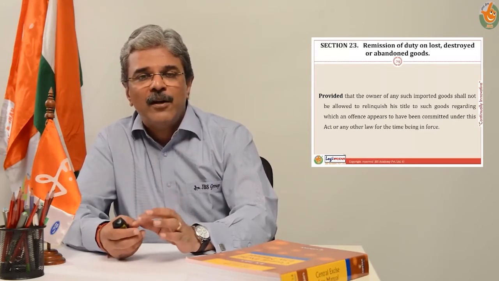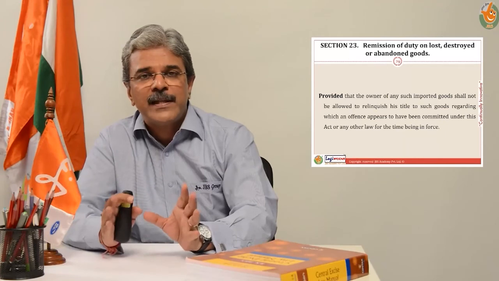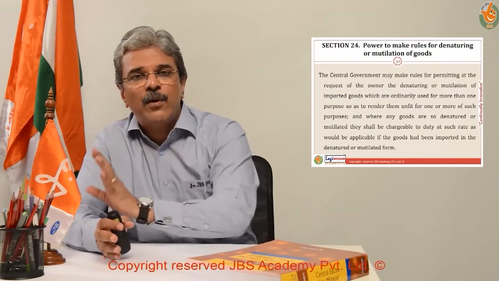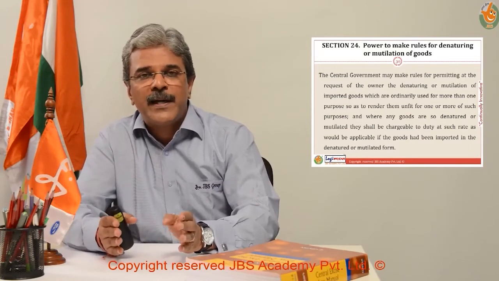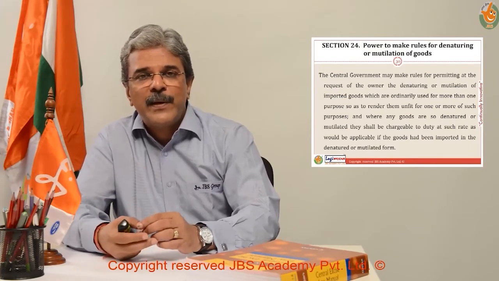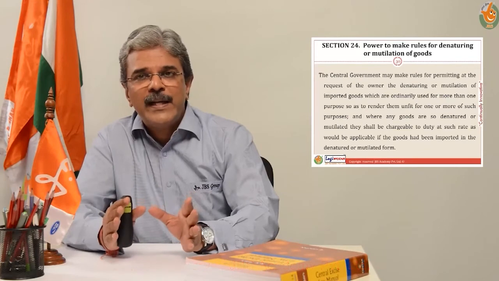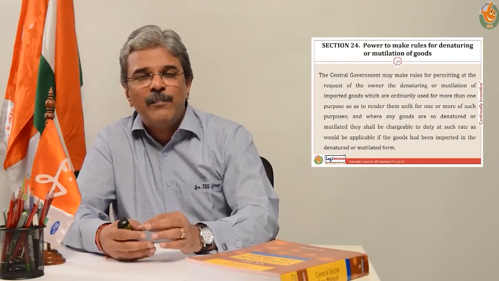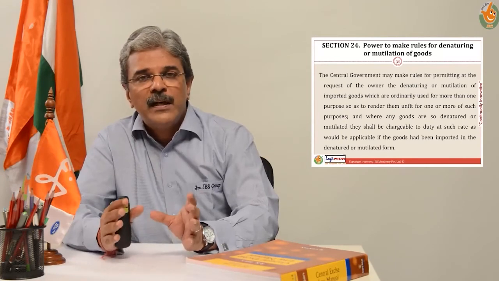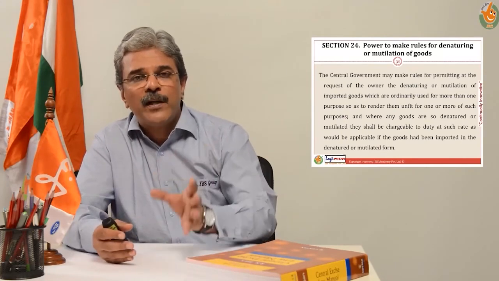The last in this particular segment is section 24. Yes, we do go up to 28, but for certain demarcations, let us understand section 24 over here. Section 24 talks of power to make rules for denaturing or mutilation of goods. Here is a case where you have imported material.